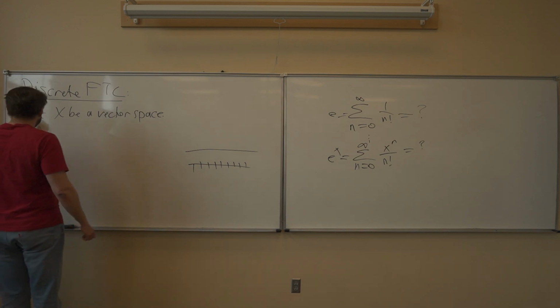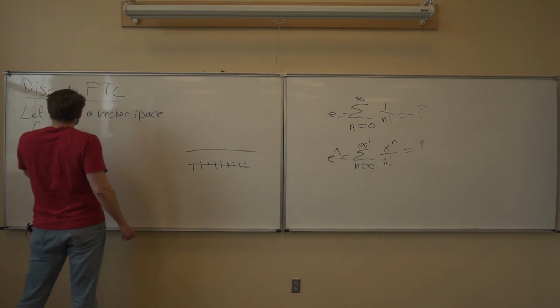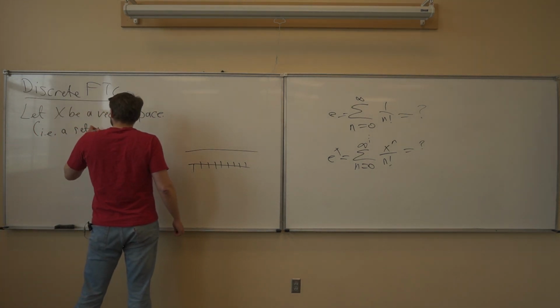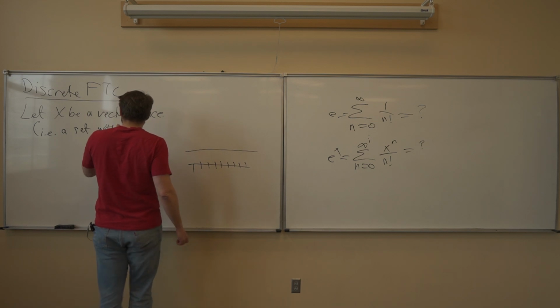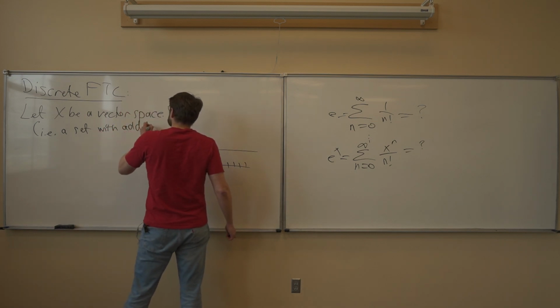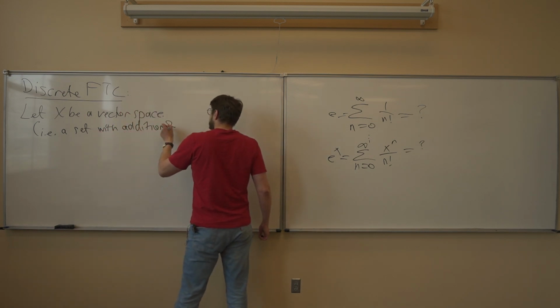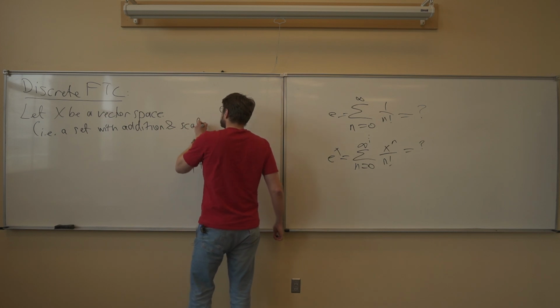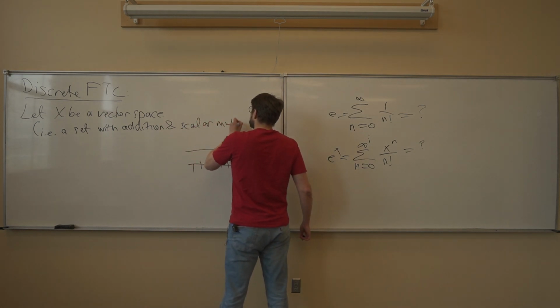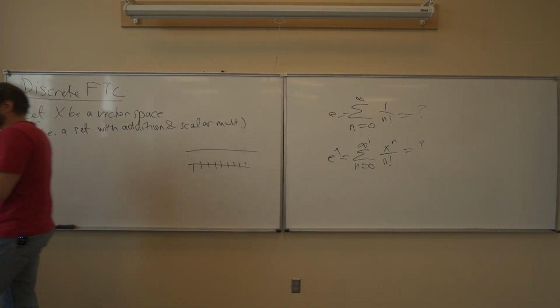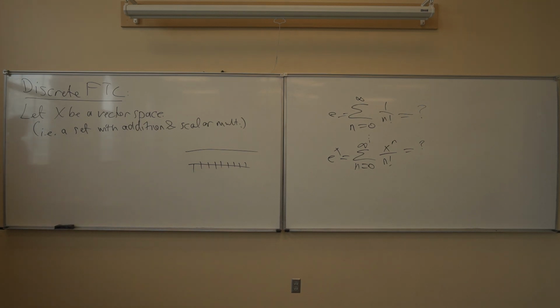So let me just say a set with addition and scalar multiplication. Here are some examples. I'm not going to write the definition of it. Reals, of course, itself is a vector space. You can add and multiply.